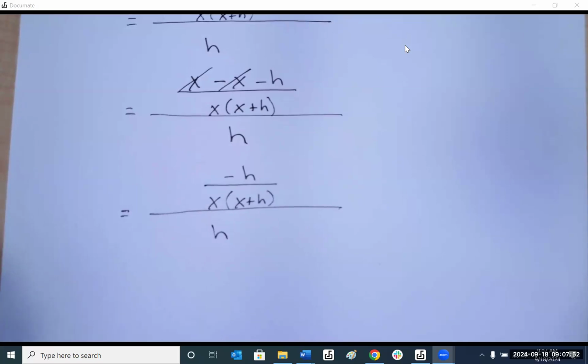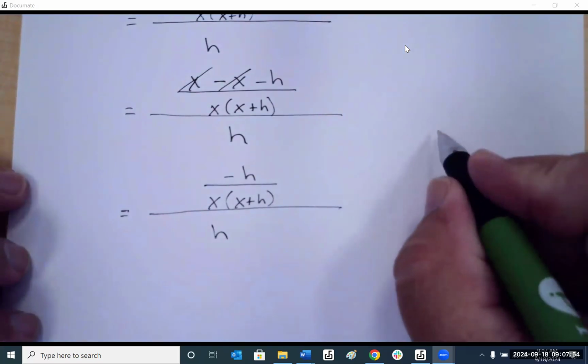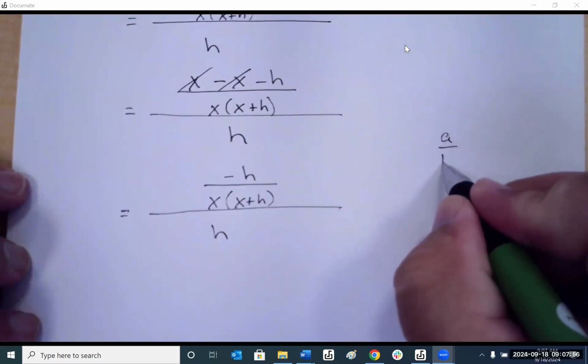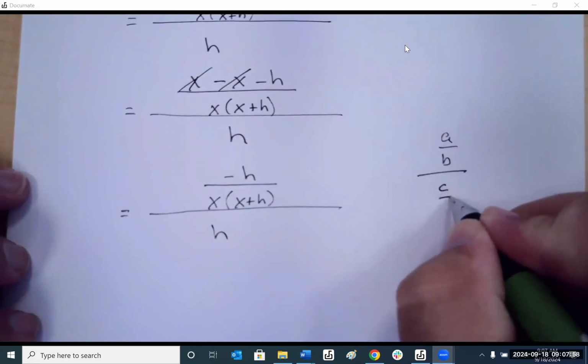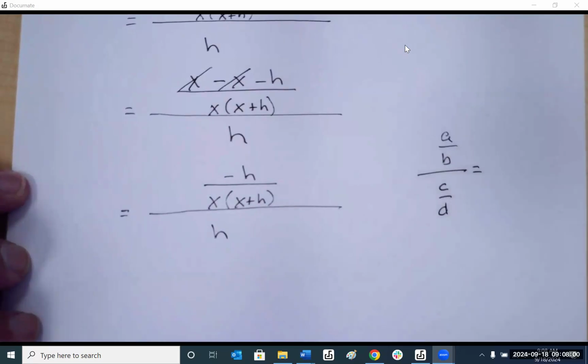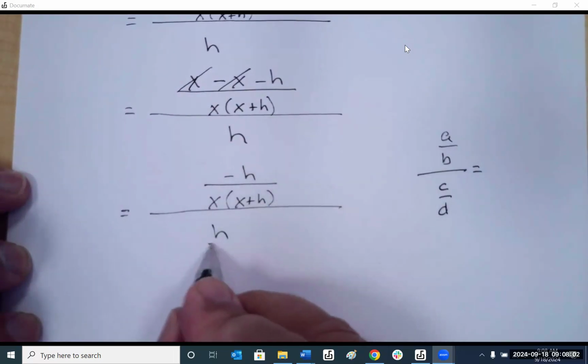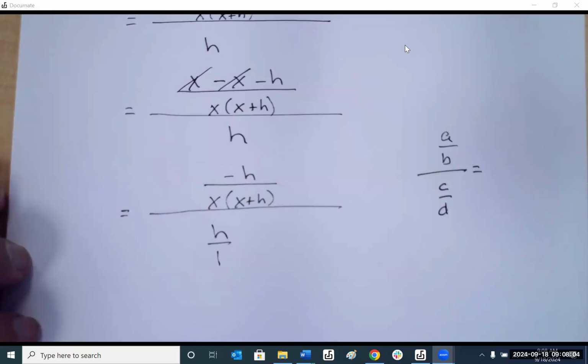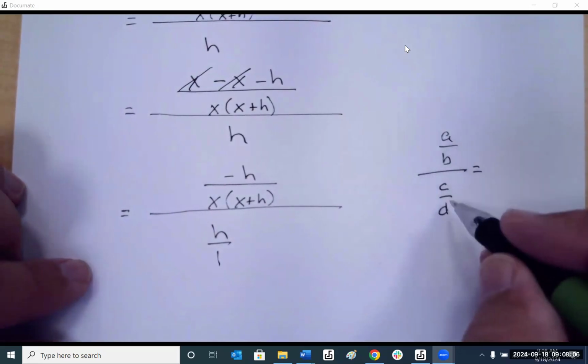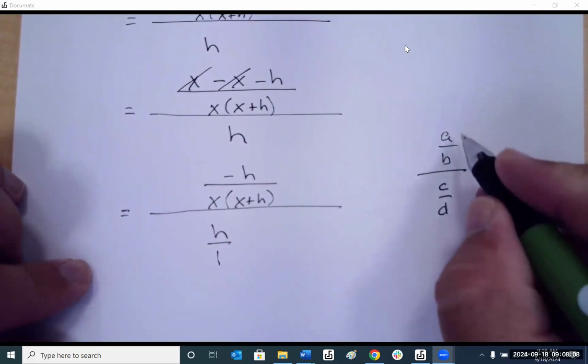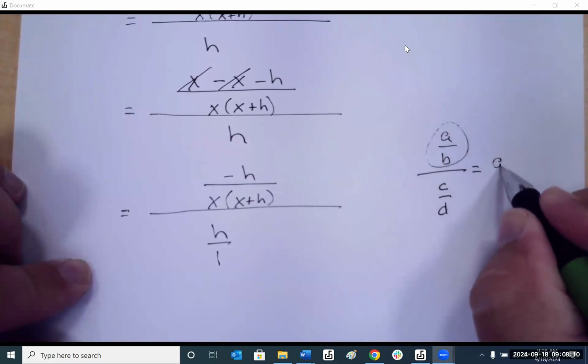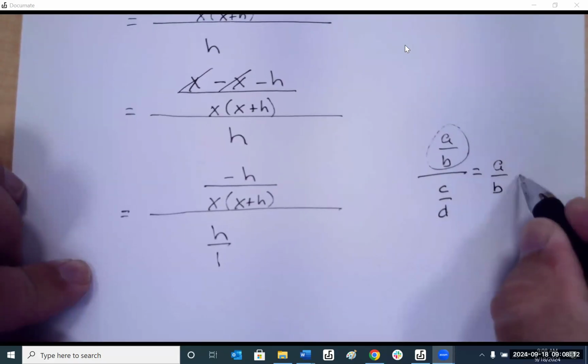We have a fraction over a fraction. Whenever you have a fraction over a fraction, take the top number, leave it alone, just put a over b.